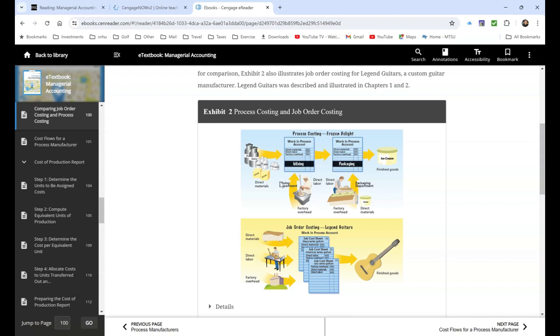And really, the amount of overhead that's allocated to each unit is a function of the total overhead and the number of units. Same thing here, work in process, the packaging department. And so the packaging department has separate overhead, and we're going to apply all of that overhead. And really the overhead is going to be applied again based on how much packaging we did.